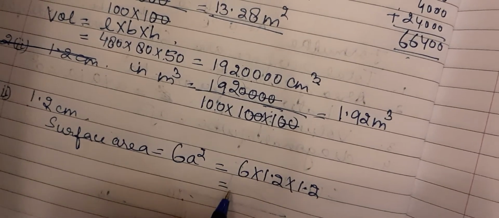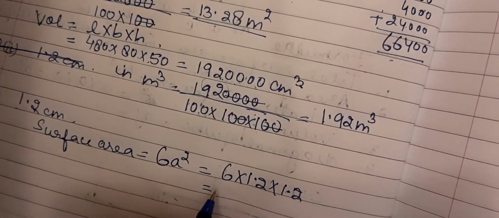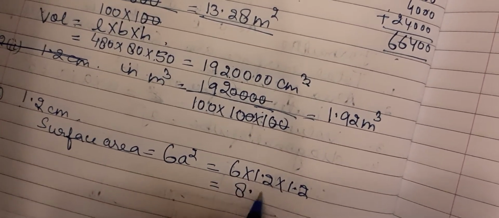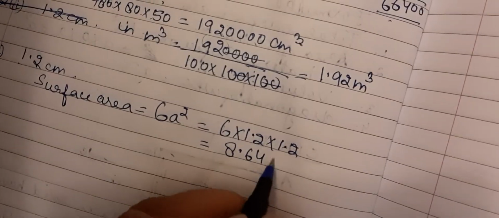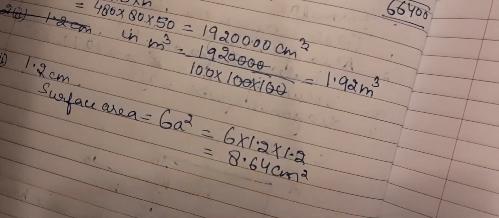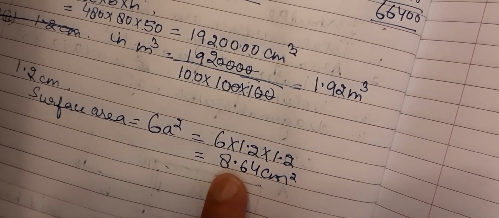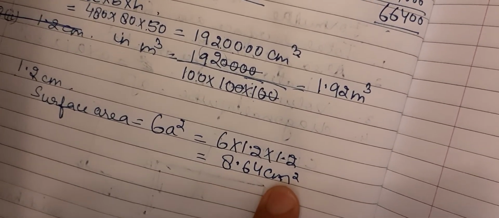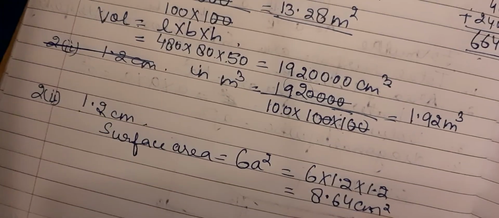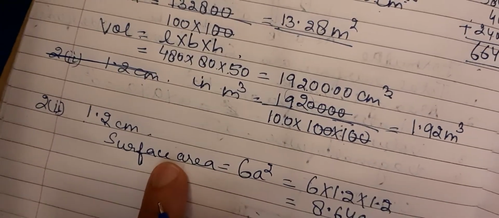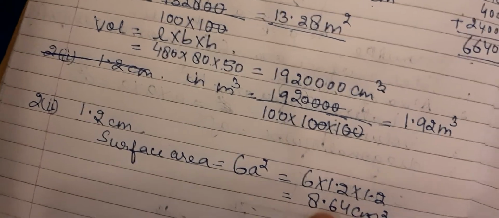And you are going to get the answer as 8.64 centimeter square. 6 into 1.2 into 1.2 will give you 8.64 centimeter square. So this is the surface area of a cube.